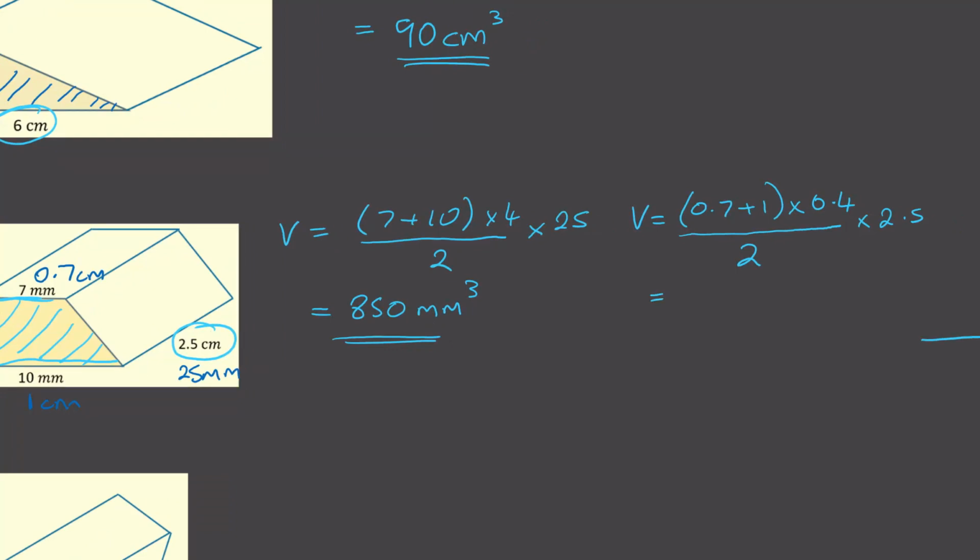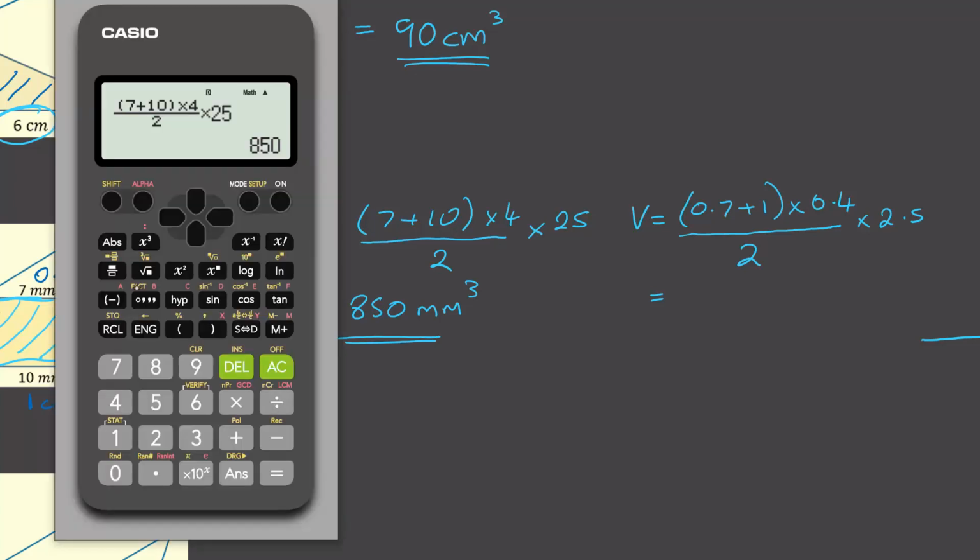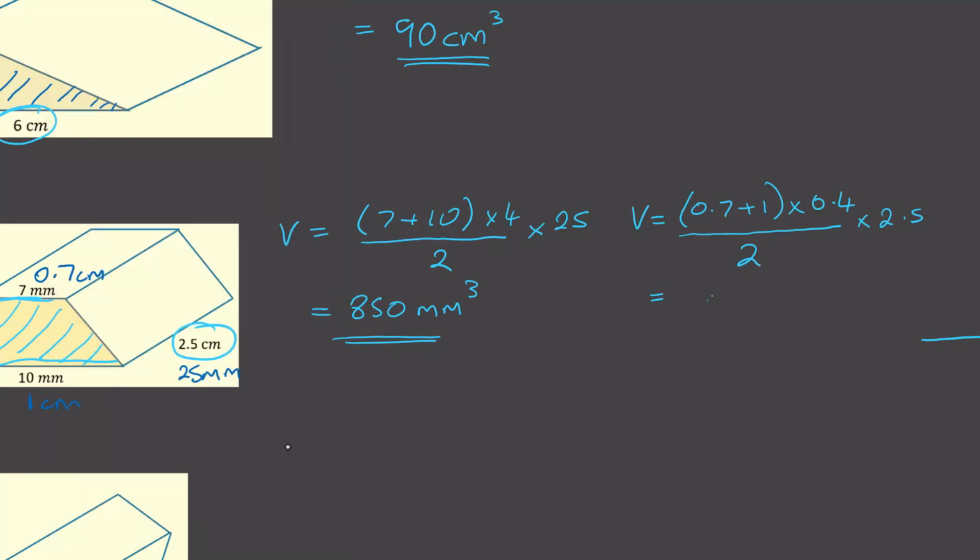Now let's calculate that. So I've got 0.7 add 1 times 0.4, divide by 2, times 2.5. And that gives me 0.85 cubic centimetres.